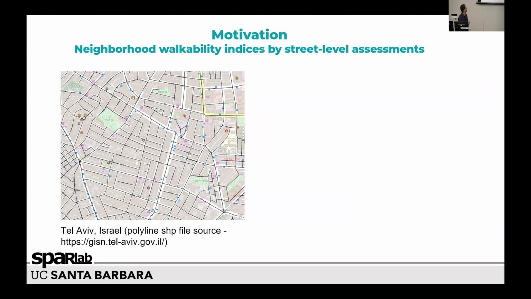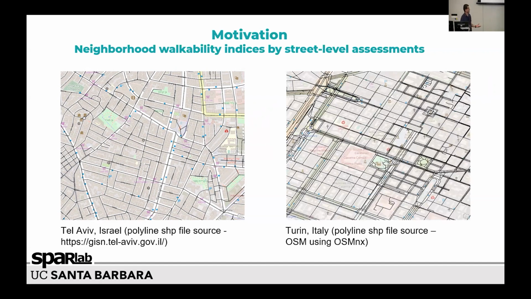In Tel Aviv, it was quite simple to generate this simple network, because the Tel Aviv municipality has an open source with a lot of GIS data that everyone can access. But in Torino it was quite difficult, we didn't have this kind of open source, so we decided to go to OpenStreetMap.